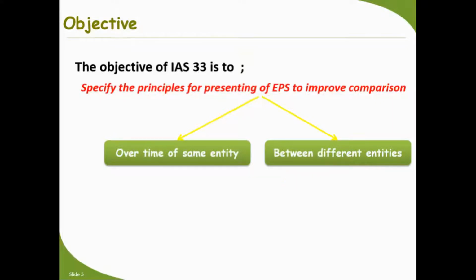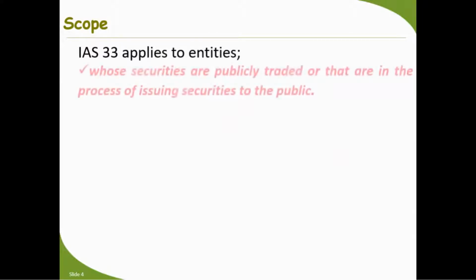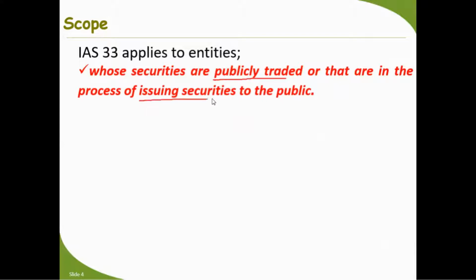Okay. Now, what is the scope of IAS 33? IAS 33 applies to entities whose securities are publicly traded or that are in the process of issuing securities to the public. So all public limited companies, public listed companies, must apply IAS 33.